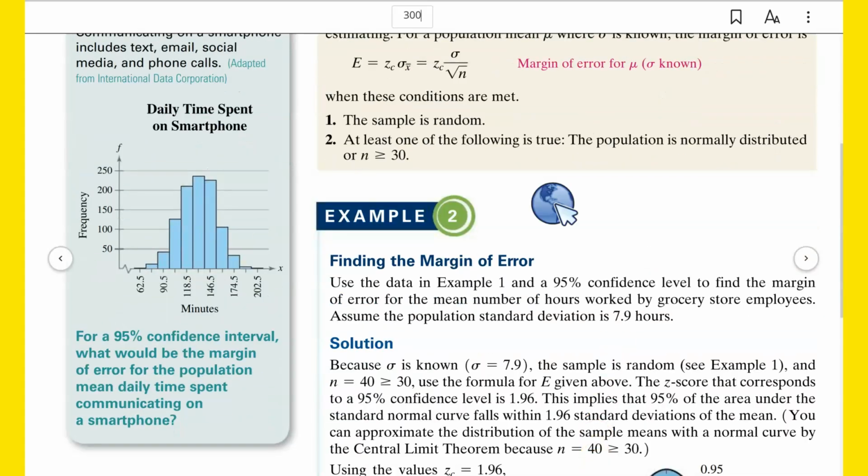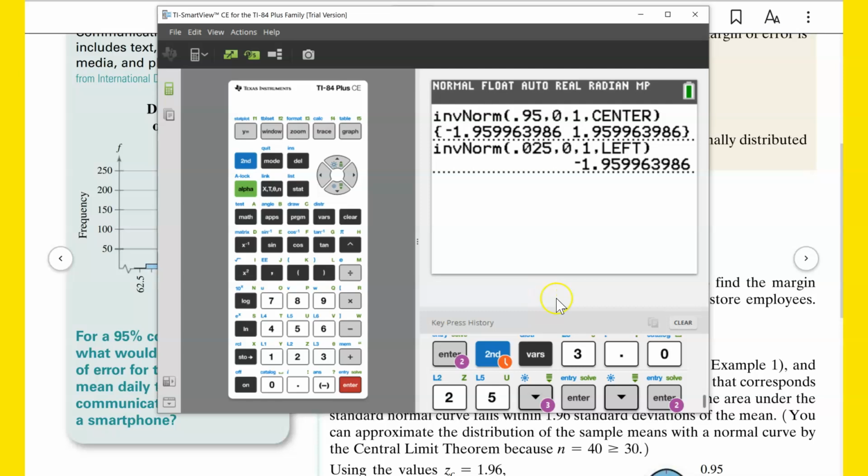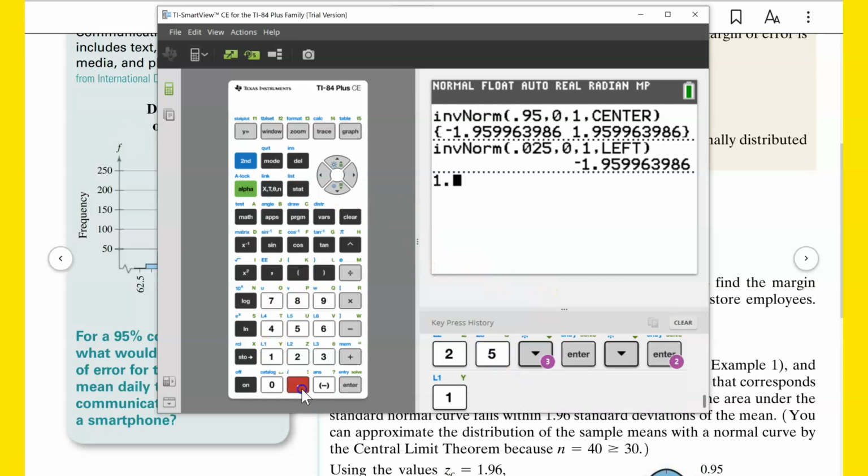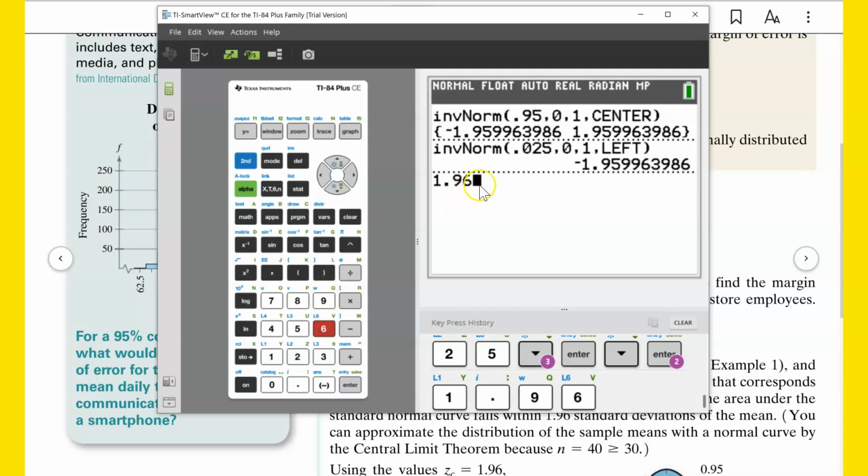So then I go to my calculator and I say 1.96. Usually you want to do probably 4 decimal places, but since this is 1.96, it's going to round those nines up to zeros anyway.